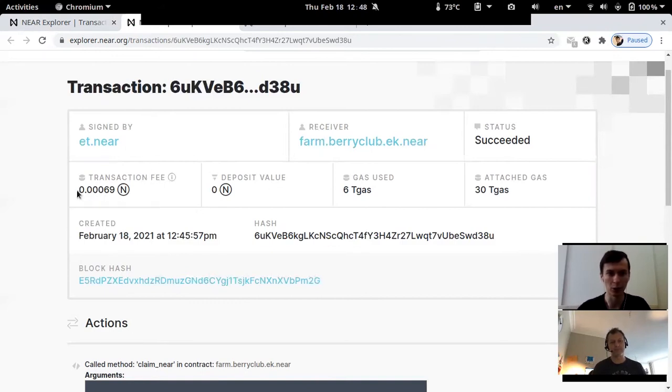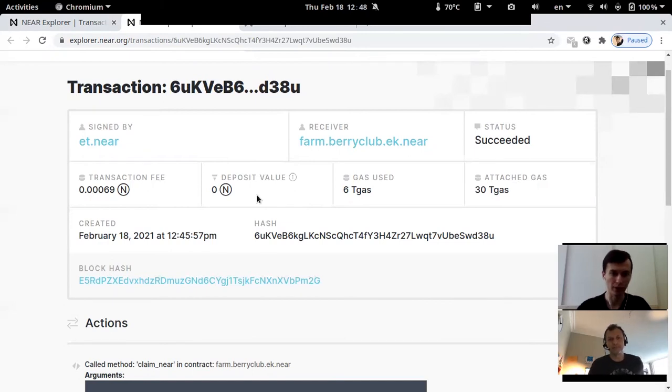Transaction fee is probably what most people might be interested in terms of estimating how much it costs. Currently, it's quite a small number, even for very complex transactions. If it's just a transfer call, it's even smaller. And deposit value is also quite an interesting thing.